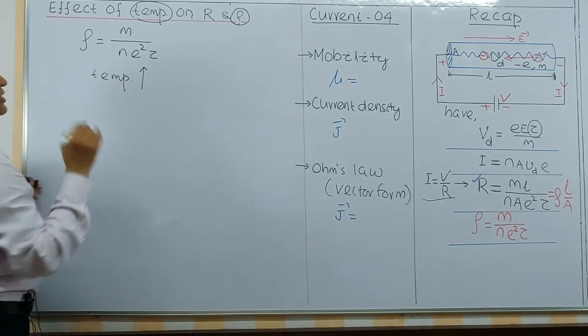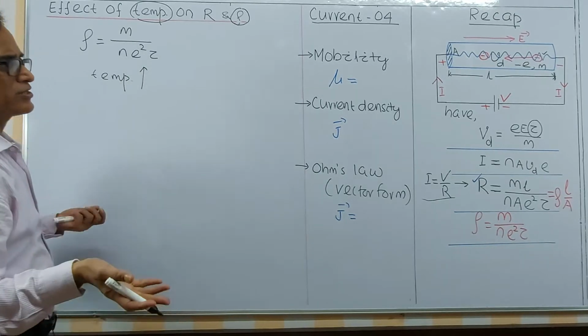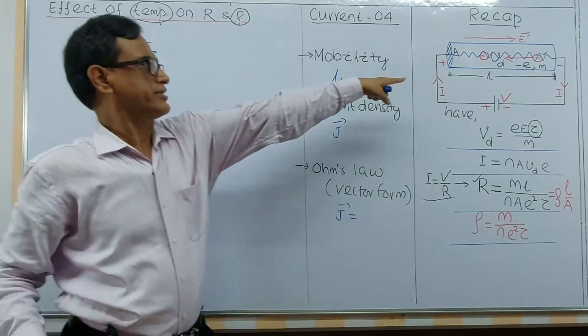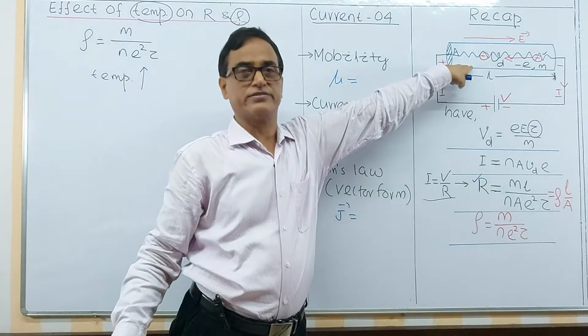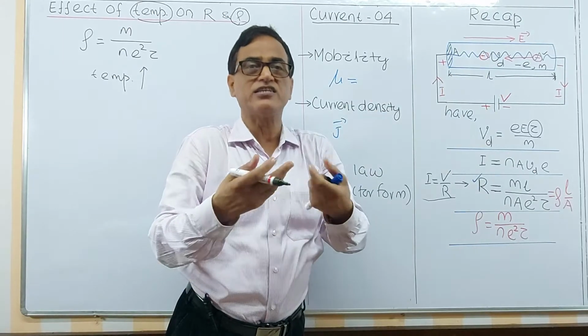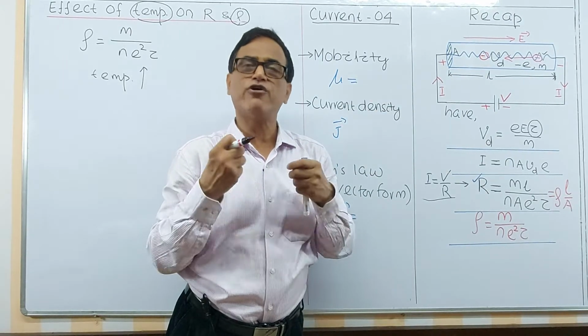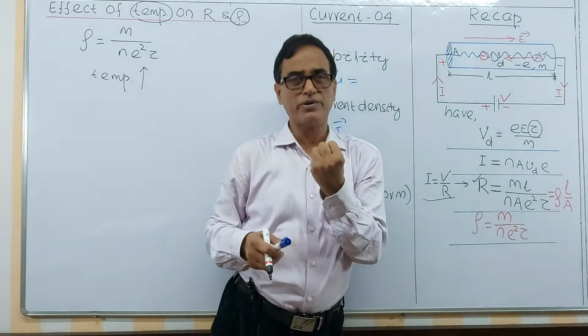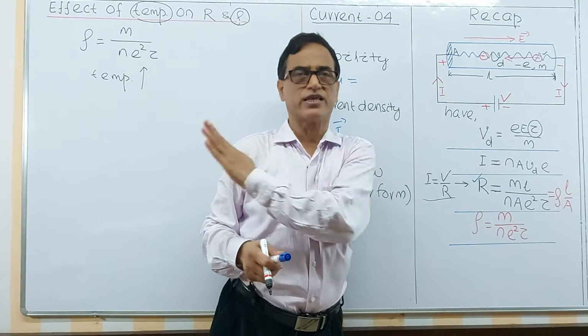increases, you can remember this by listening, no need of reading in detail. When the temperature of the conductor increases, that means heat energy is applied. Heat is a form of energy. Then the electron, after gaining some energy, vibrates vigorously.